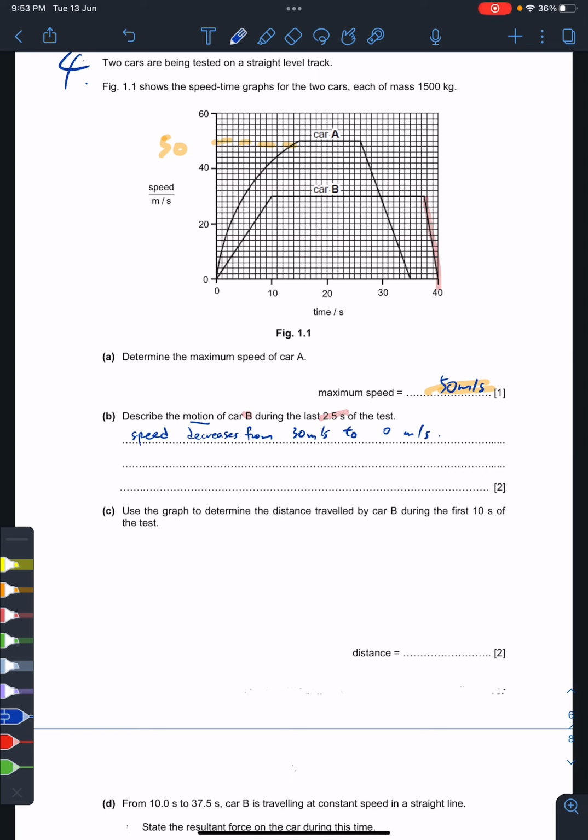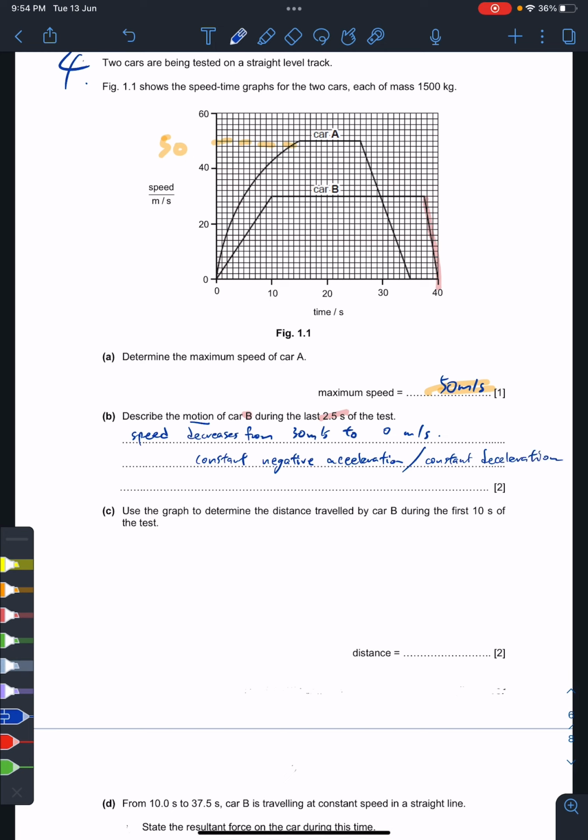What about the acceleration? We can say that it is a constant negative acceleration, or constant deceleration. That's it.